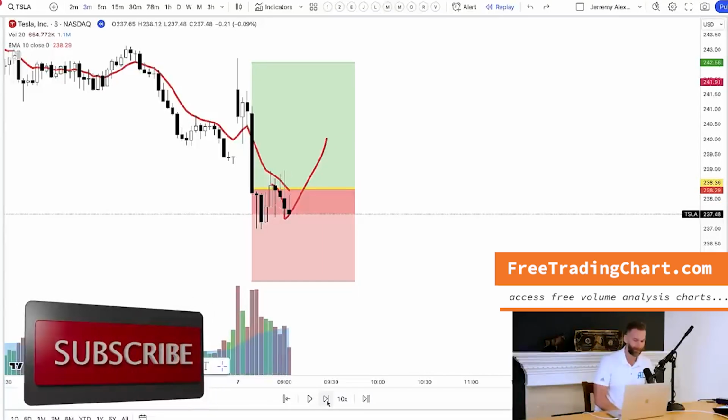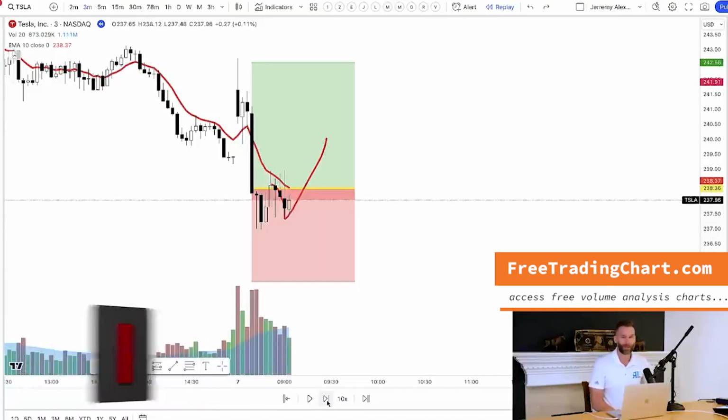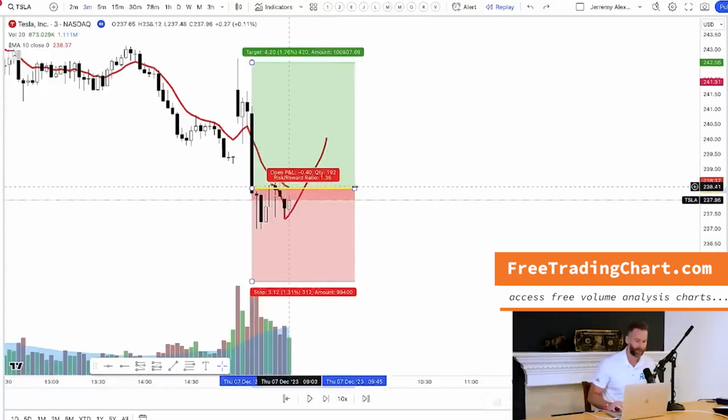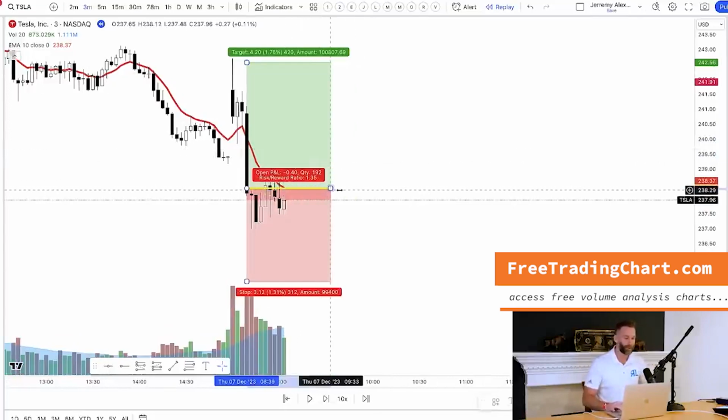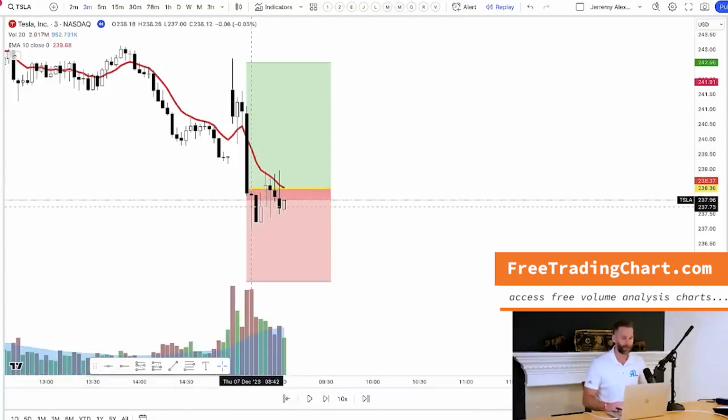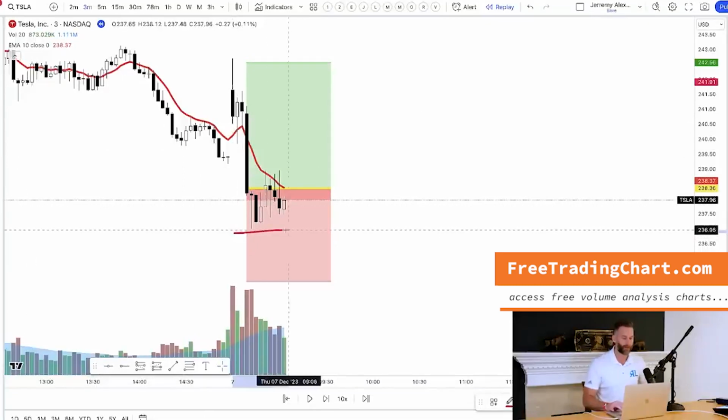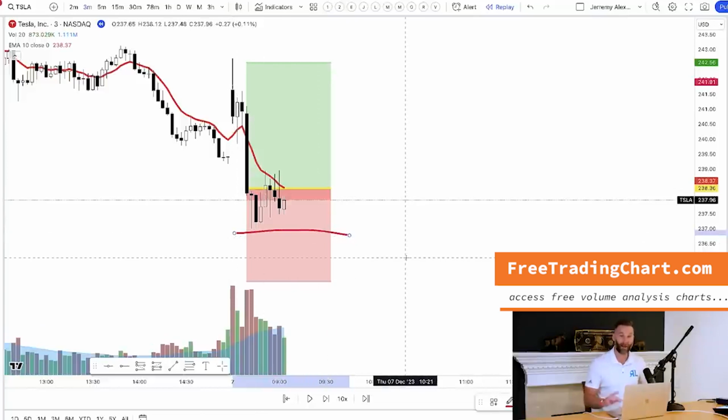Here we go. Oh, bull candle. Weird. Who would have imagined after 3 bear candles in a row that you're going to get a bull candle? Now, agreed, if you are shorting here, and I can respect anyone who's looking to short this position, I would still be waiting for a close below here. Why?